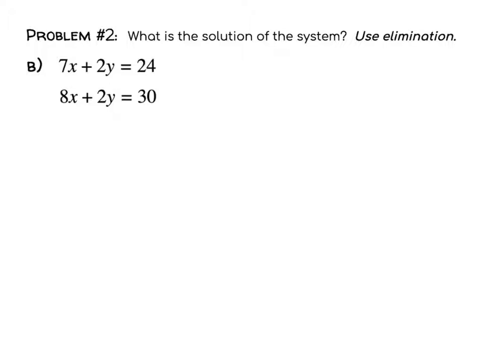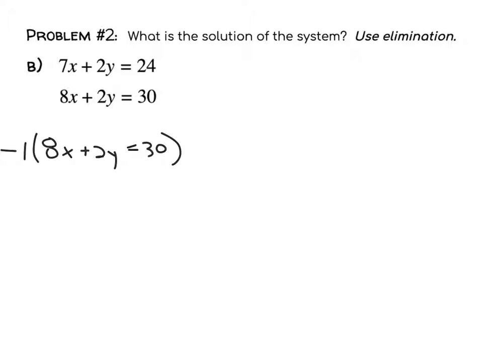Okay, we are using elimination here, but you'll notice if you look at these two equations that we've got a positive 2y and another positive 2y. So if we added them together, they wouldn't eliminate out. So what we need to do is take one of the equations, and it doesn't really matter which, let's take 8x plus 2y equals 30, and multiply the whole thing by negative 1.